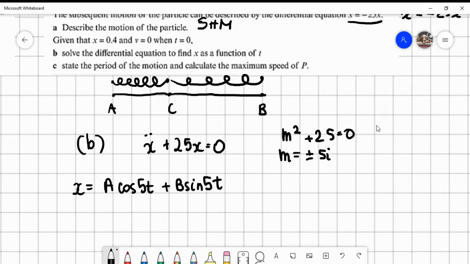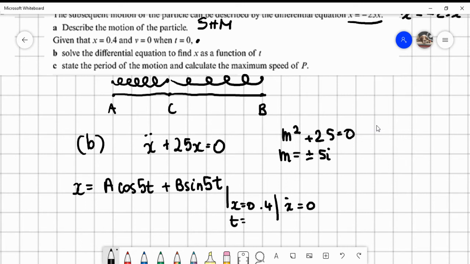And that's the general solution, but obviously to find the full answer that they are asking you to find, you need to use these results. So x is equal to 0.4 and x dash is going to be equal to 0. We'll use that when we differentiate it.